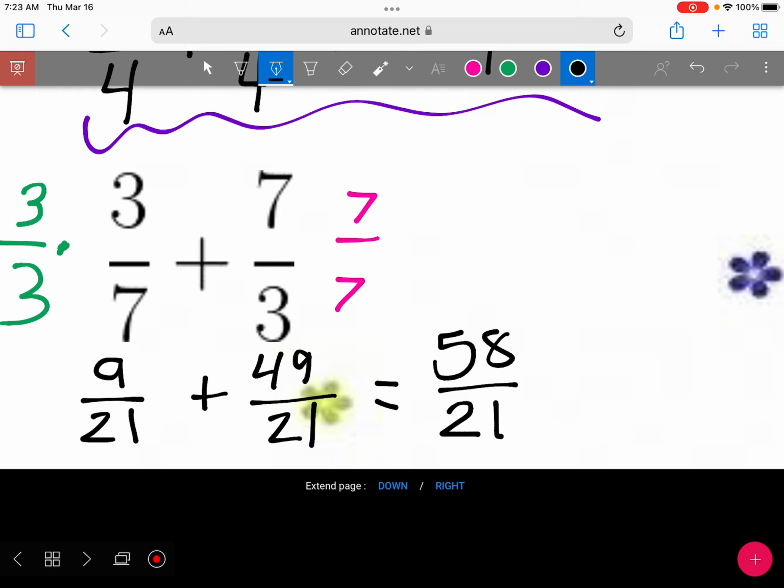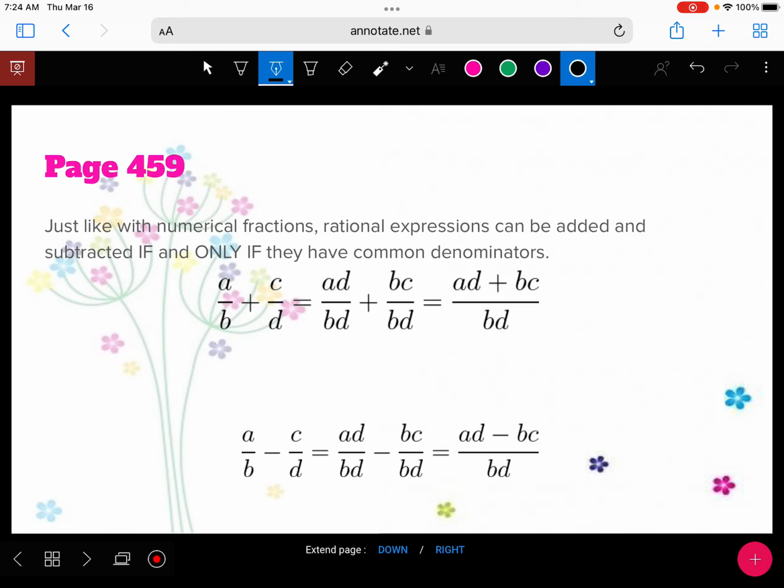Because surprise of all surprises, what we are going to do is we're going to look at our rational functions and we're going to add and subtract those. There's yet another notes page if you hadn't noticed it.